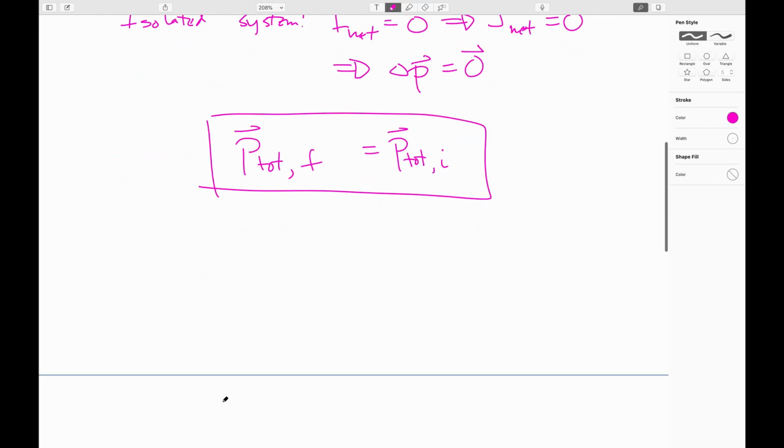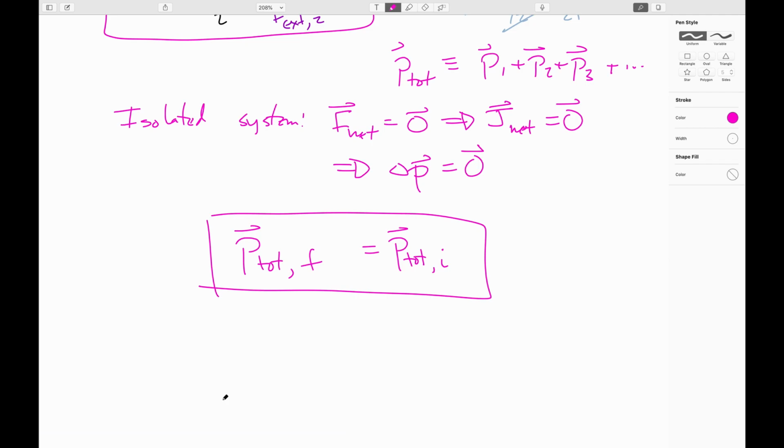So let's work through some examples of how this might be useful. Most of the time where this is going to be really useful is when you're looking at things like collisions.